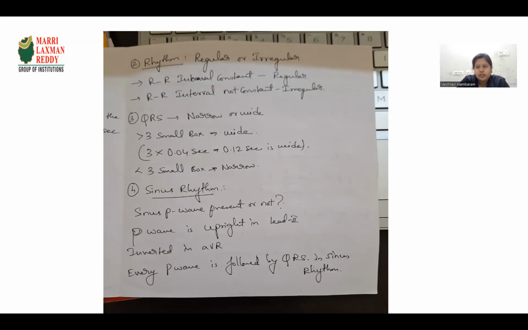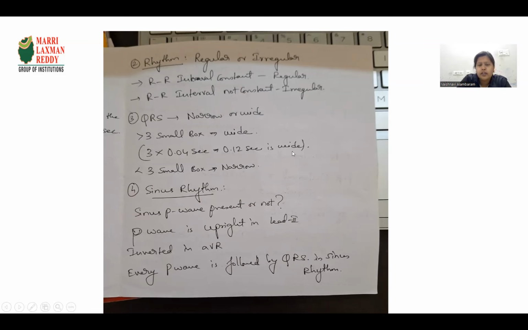Coming to the QRS complex, if you see in the ECG, you have smaller boxes and larger boxes. Each smaller box, the width on the x-axis, determines the time, and each small box consists of 0.04 seconds. If you multiply it by 3, you get 0.12 seconds wide.